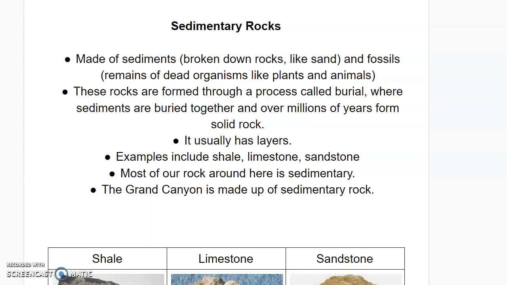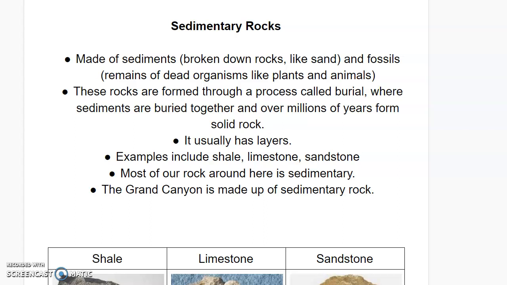So they're made up of sediments, and they also include fossils, which are the remains of dead organisms like plants and animals. Anything that could break down from weathering is going to help create sedimentary rocks. They are formed through a process called burial, where the sediments are buried together, and over millions of years they form solid rock.